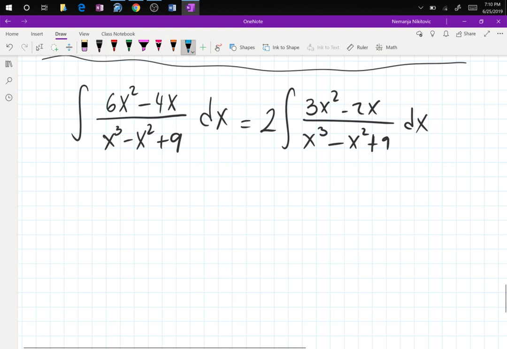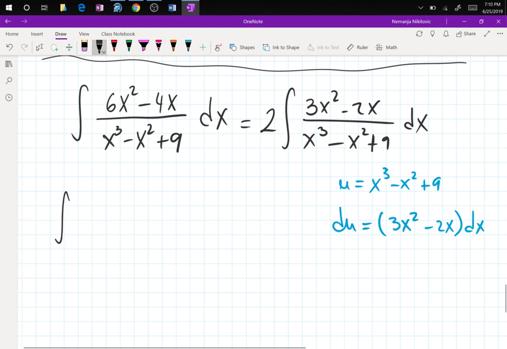So u equals x cubed minus x squared plus 9. Whatever the function is, that's the u, and the du, in parentheses, is 3x squared minus 2x dx. So now we have 2 in front, the integral, and you have du over u.